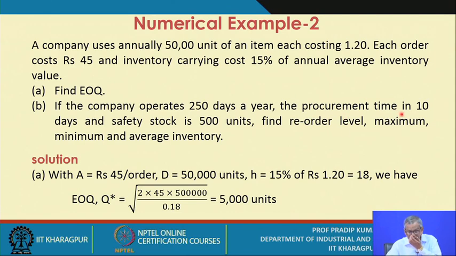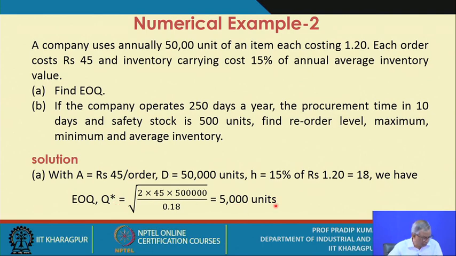The procurement time is 10 days and the safety stock is 500 units. You need to determine the reorder level, maximum, minimum and average inventory. You have all these data, so please follow the steps. All the data are given, so you can use the EOQ expression Q star. Is it okay?